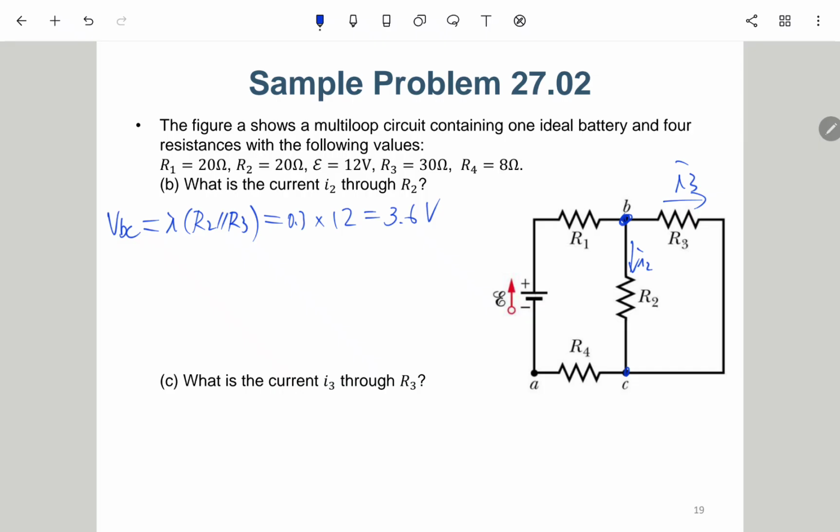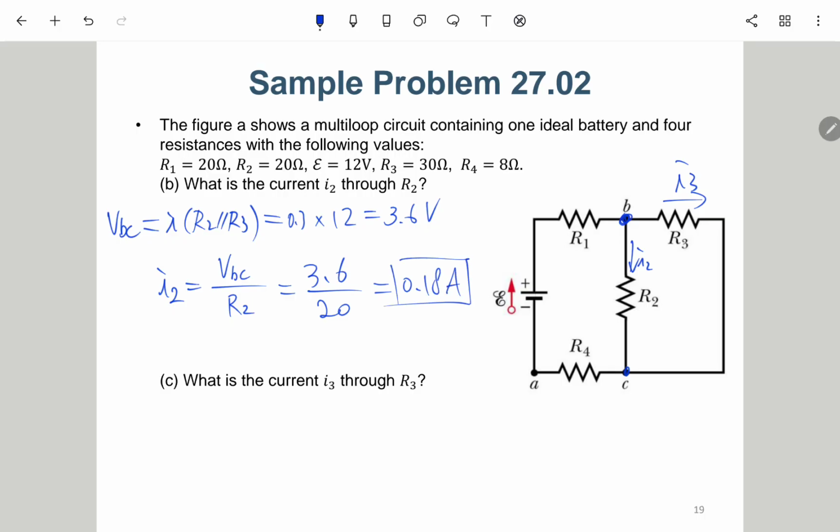In that case, I2 will be VBC over R2. So it will be 3.6 over R2, which is 20. So this is nothing but 0.18 A.